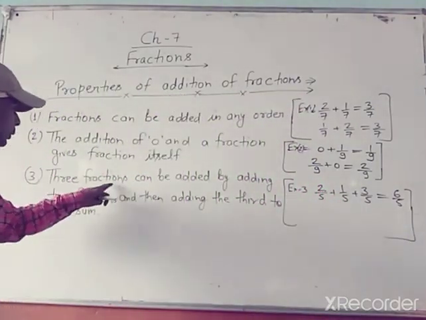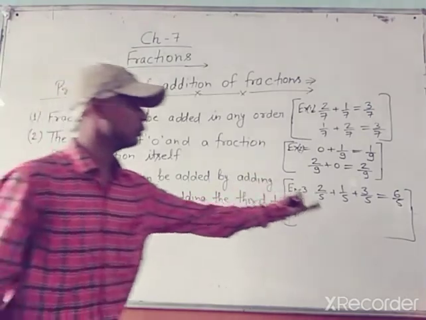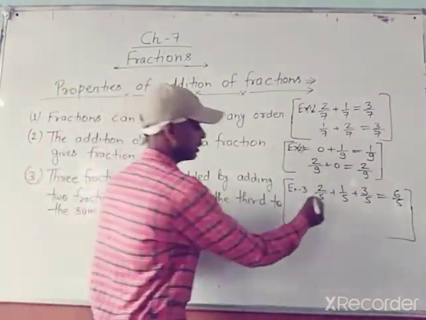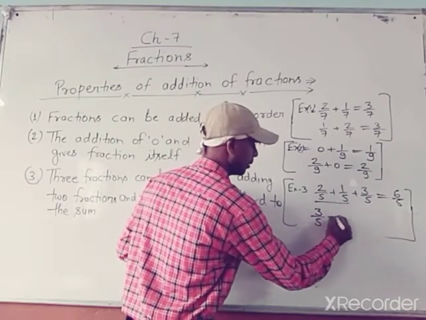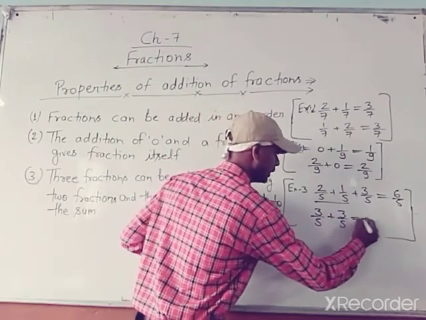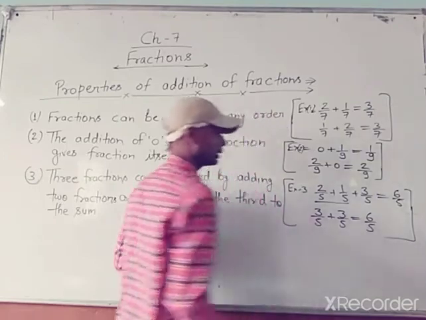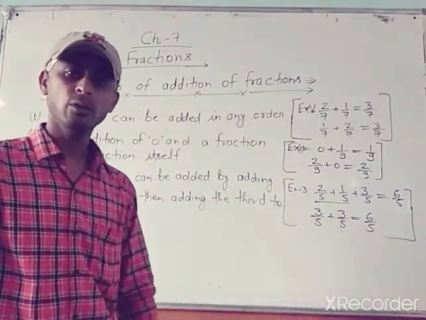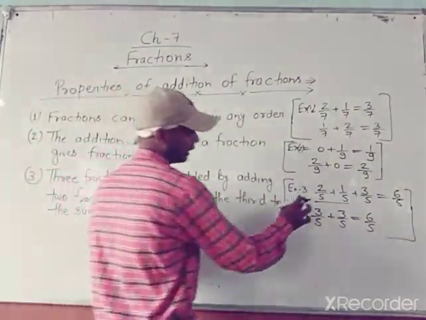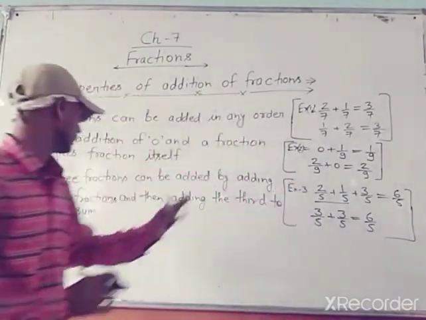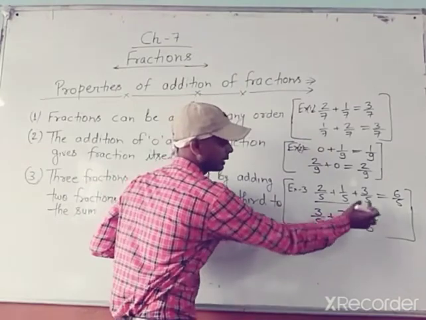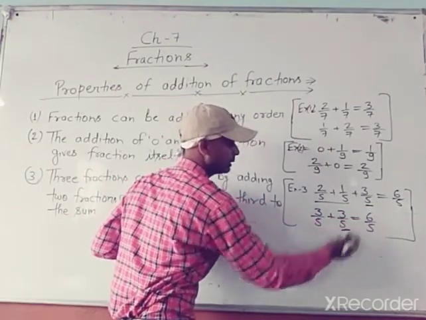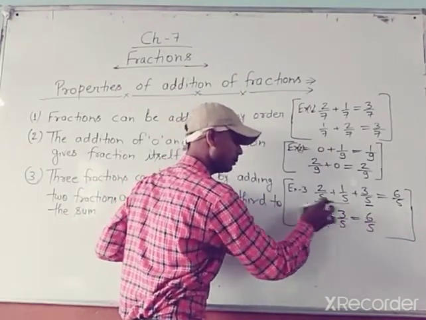But according to this property, if you want to add 2 fractions, then first of all add these two. 2 plus 1, 3 by 5 plus 3 by 5. Again you will get the same sum, that is 6 by 5. Two fractions and then adding the third one, see, the third one 3 by 5, then the sum is the same, 6 by 5.